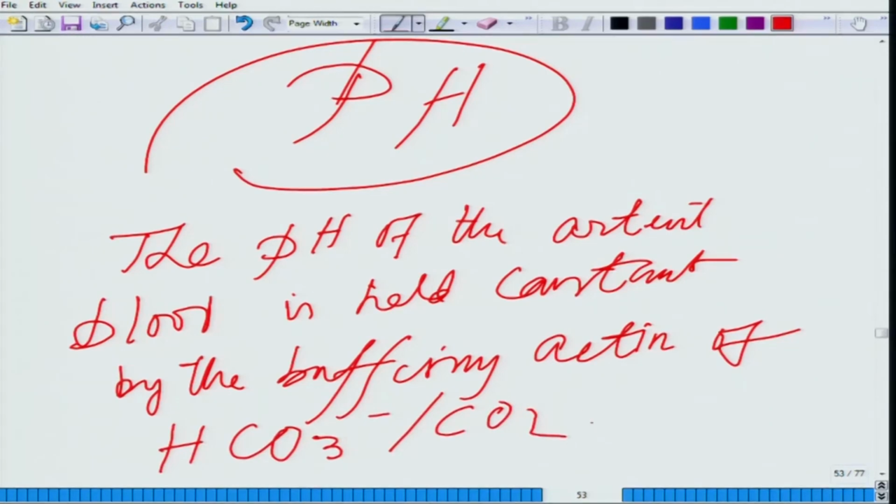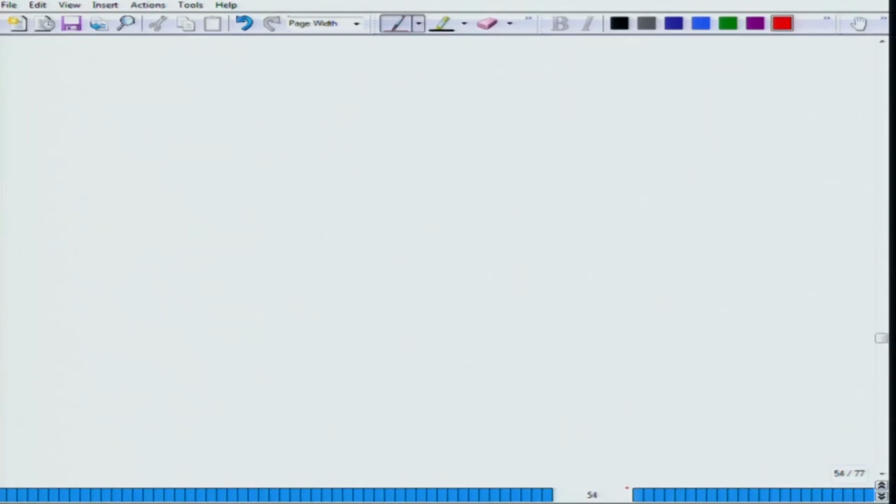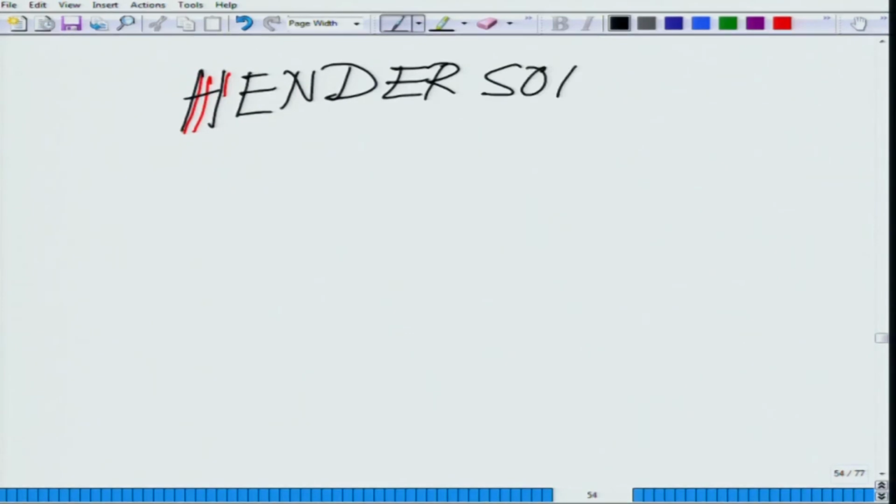This is very important, CO2. This is a system which helps in all our buffering, and by blood protein, which is mostly the hemoglobin. This is something which you have to realize, and this could be stated by the Henderson-Hasselbalch equation, and please go through this, those of you who have forgotten it.